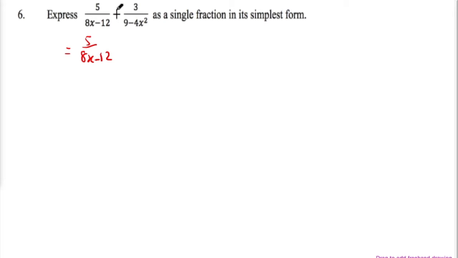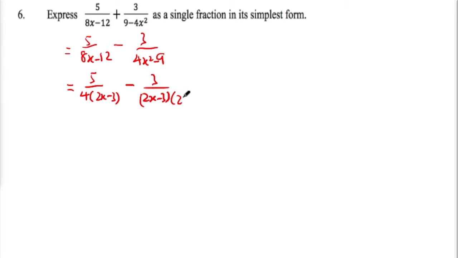To do that, I change the sign in front to negative, and then I change the order of the terms in the denominator. Next, I need to factorize the denominator. Factorizing 4x squared minus 9 gives us 2x minus 3 times 2x plus 3.